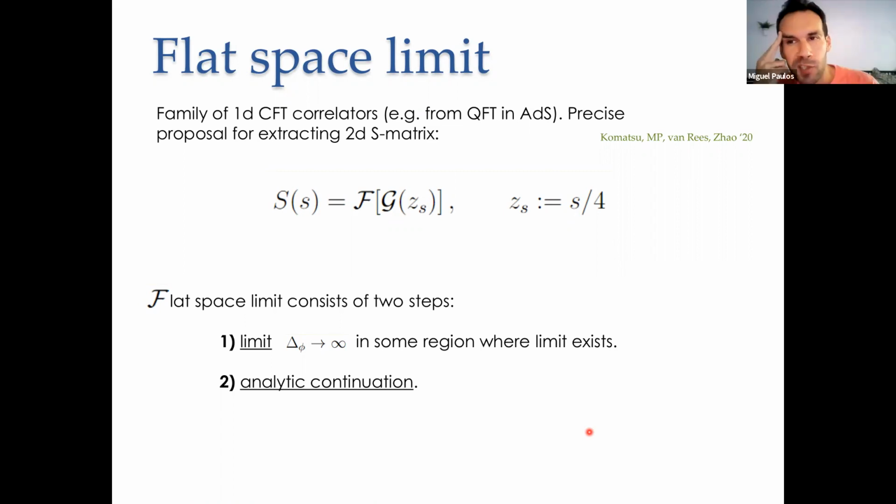No, unfortunately, this limit loses information. So for instance, you can get the same S matrix for many different CFT correlators, or families of correlators. With this limit, it drops out many terms. You can even get unitary S matrices from non-unitary CFT correlators.